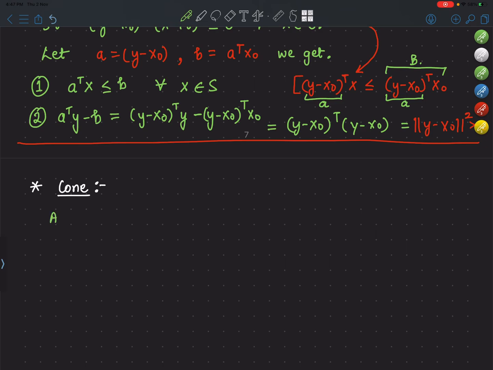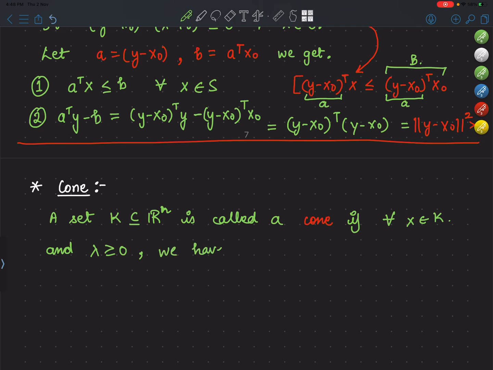A set K which is a subset of Rn is called a cone if for all x belonging to K and scalar lambda greater than or equal to 0, we have lambda times x, that is just a scalar multiple of vector x, that also belongs to K. If that is true, then K is a cone.